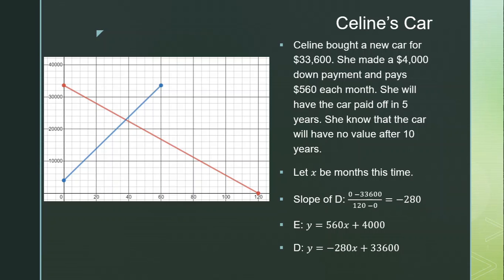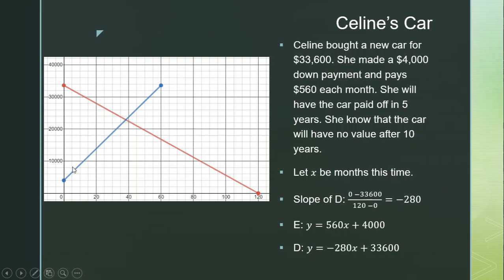And we can graph both of these because we use the same x. We can put them both on the same graph and we can see some interesting things. So this red line is the depreciation. We start at $33,600, and after 120 months, our car is worth zero.